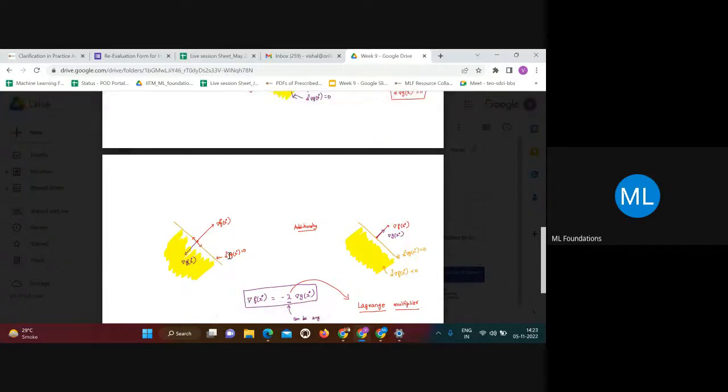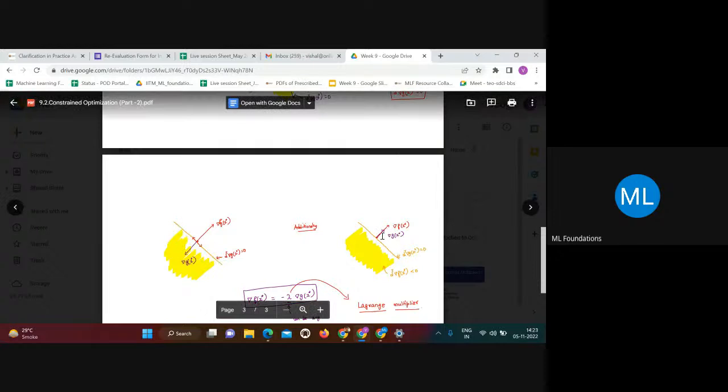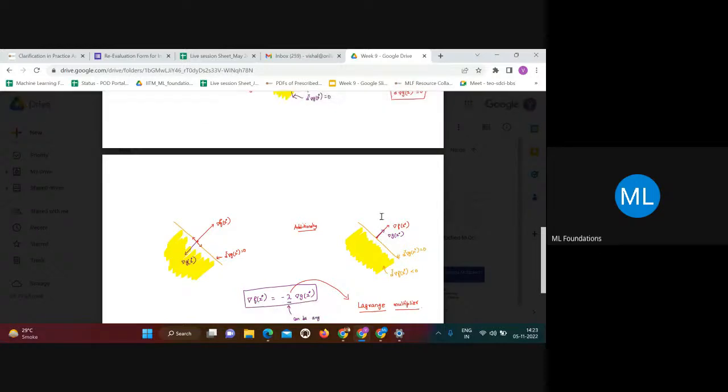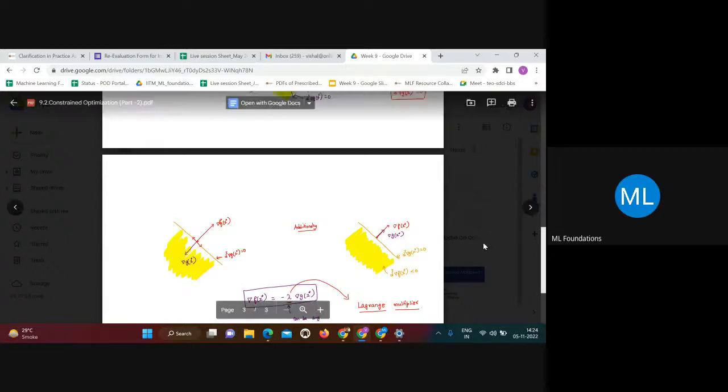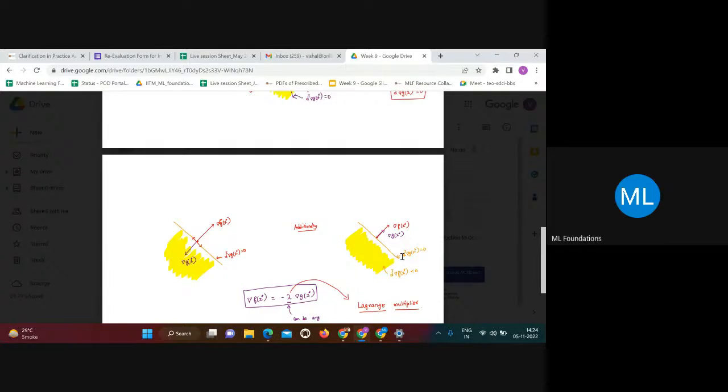Also, whenever del f(x star) and del g(x star) are parallel to each other, you'll find a direction where the direction transpose of del g(x star) is equal to zero. So you are able to get that, right?